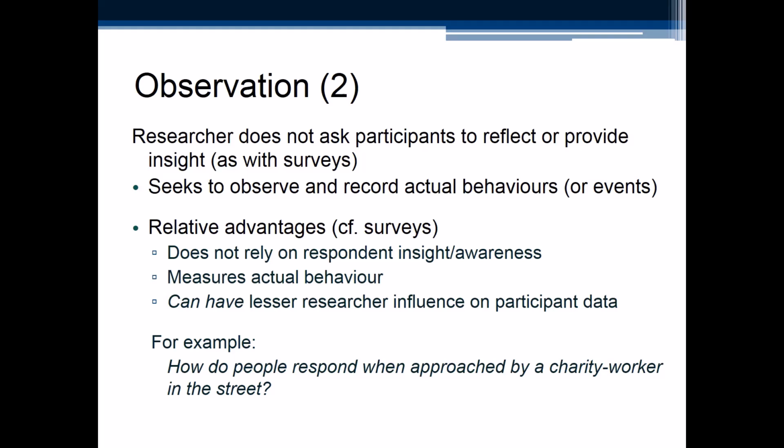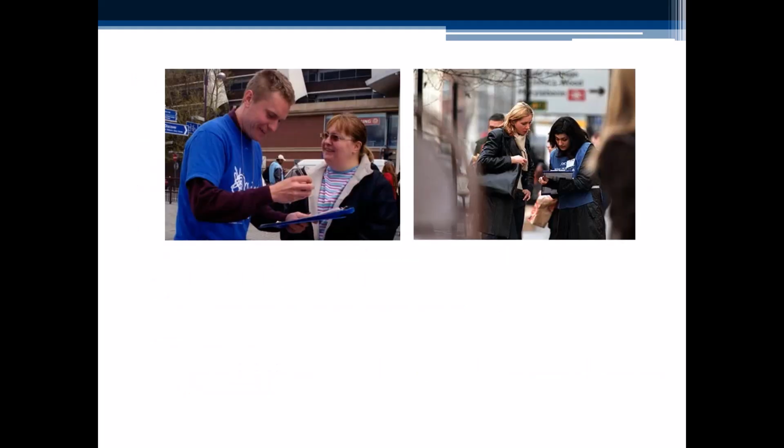A good example of where that would come into play is listed here on the screen, where you might have a research question such as this one: how do people respond when approached by a charity worker in the street? If you were to ask that question as part of an interview, you might get people saying, well, it really depends on the charity they're representing. Sometimes I'll listen to them, sometimes I won't, sometimes I'm quite friendly, and other times I'll move on if I'm in a hurry.